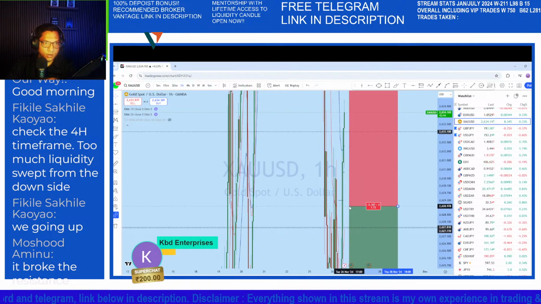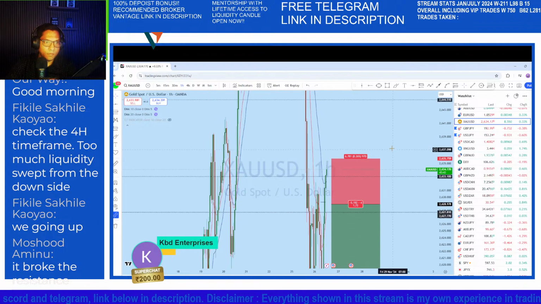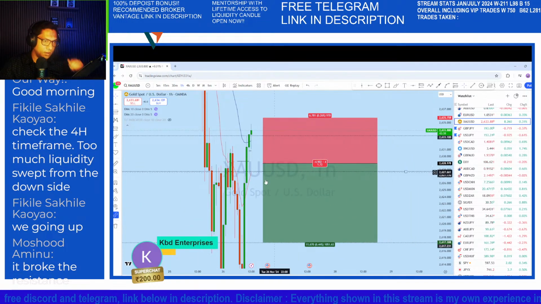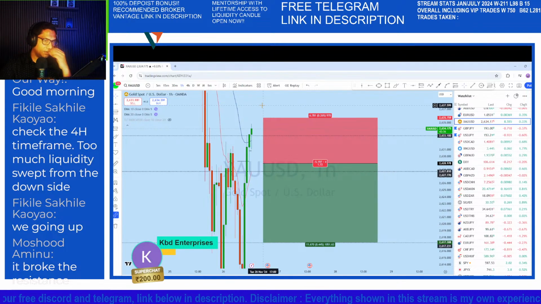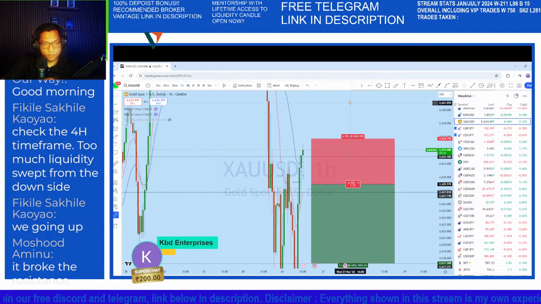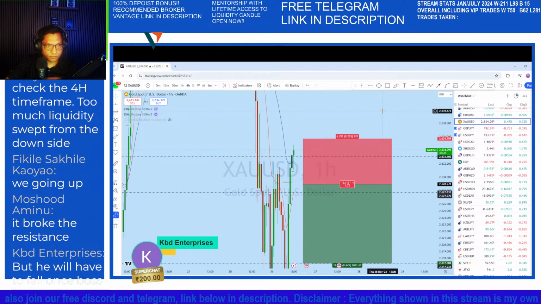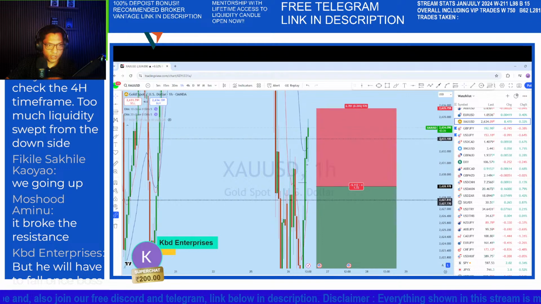Look at the 1 hour. Complete break of a structure here. So with this break of structure, it's a bullish price action.